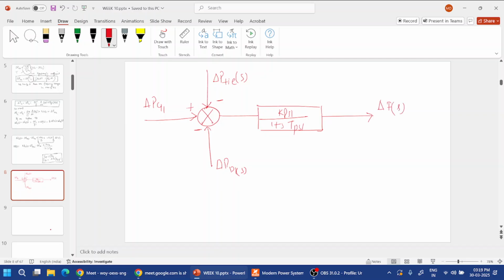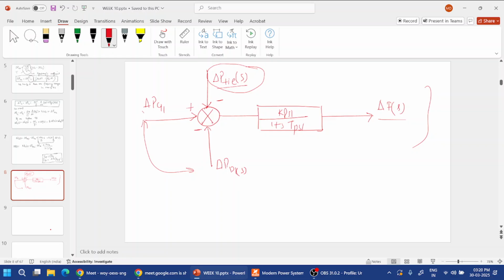Last time we did not take this; we just related frequency with PG1 and PD1. This time we have taken another thing, where extra power is going out based on del P tie, and based on this we can calculate del F(s).